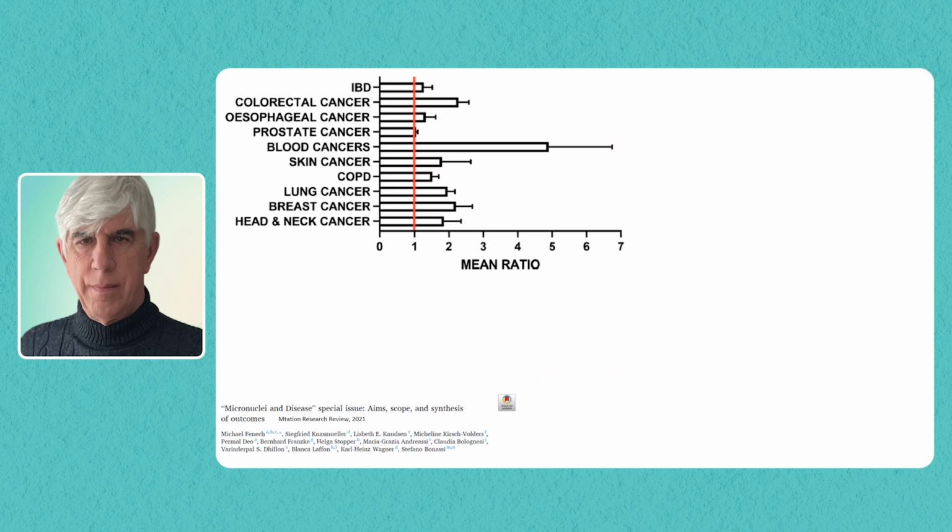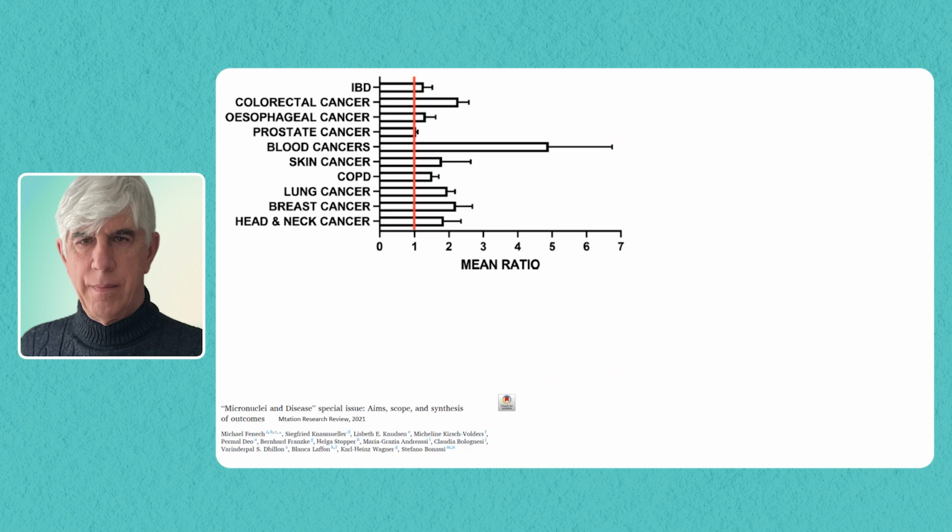And these are the results of a special issue that was dedicated a couple of years ago, and I was also part of that, in which we tried to review the existing literature linking micronuclei frequencies to different diseases, to see how many diseases are linked to micronuclei frequency and what was the strength of this association. And actually, results were very interesting. This is the paper summarizing the results of the special issue.